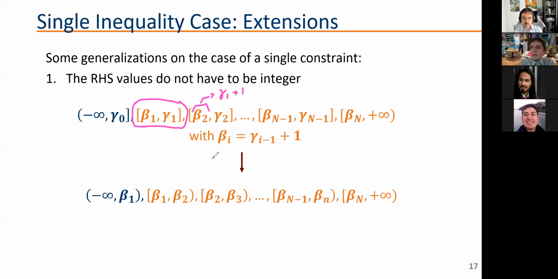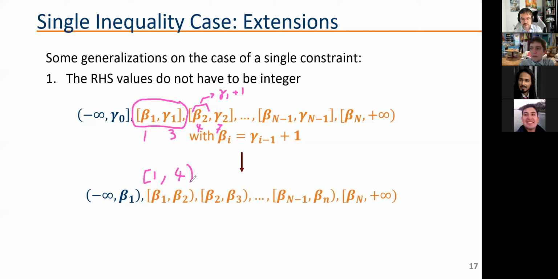So why not just expand this interval all the way to right before beta 2? If this was an interval between 1 and 3, then beta 2 would be 4, and let's say gamma 2 is 7. Why not say that the interval of equivalent right-hand side values goes from 1 all the way to 4, but 4 not included?